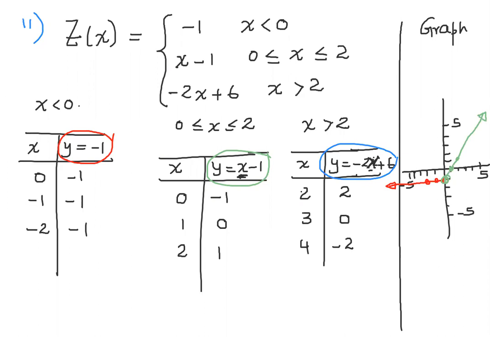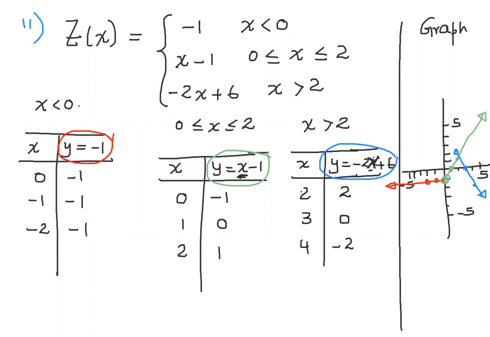The last one is 2, 2, but 2 is not included, so I'm going to keep it open. 2, 2. And 3, 0, and 4, negative 2. So the graph is going like this.